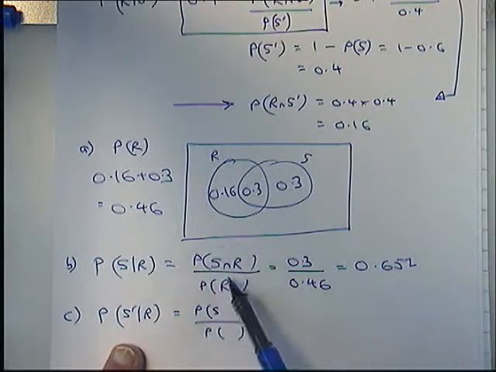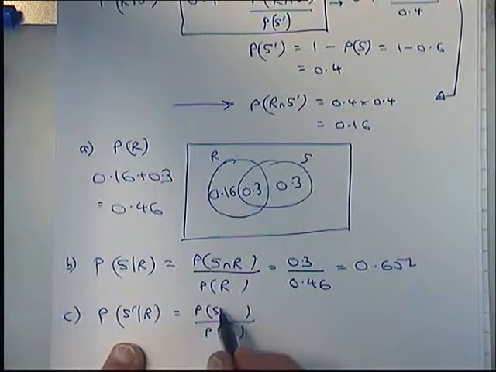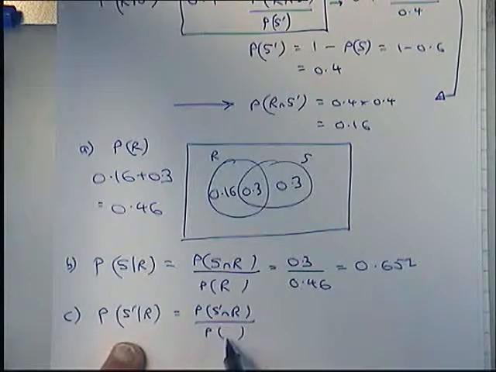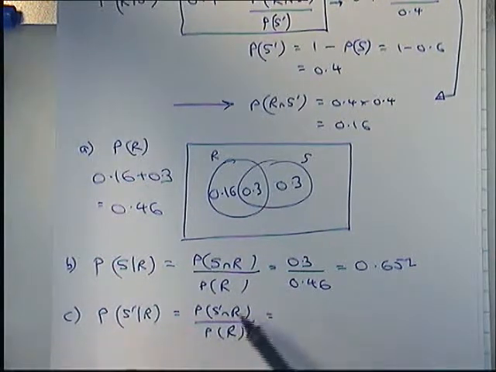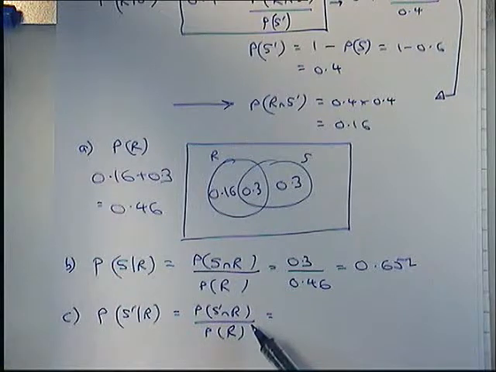Just copy this one here, but the S is S with a dash on it. S dash, intersection R. Yep. And then R. Yeah, that's right, okay.